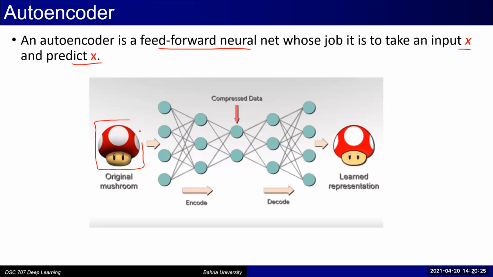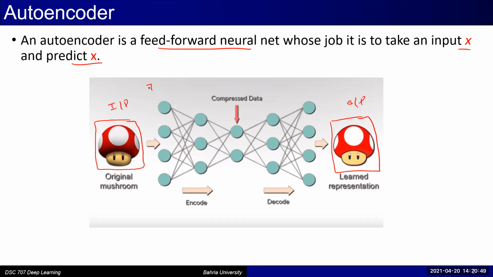I feed it this image as an input. But the slightly strange thing is that what I expect as an output is the same thing. Whatever I am feeding as an input, I want the model to generate the same thing as the output.